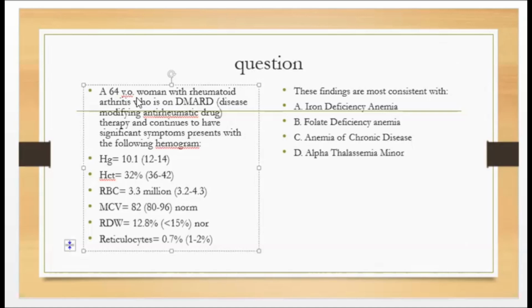Macro is large and it's normal, okay? But the difference is folate, there is no neuro involvement, there is no tingling, there is no numbness. But vitamin B12, when they start telling you patients have tingling, that is vitamin B12. And in vitamin B12, we have what we call red beefy tongue.